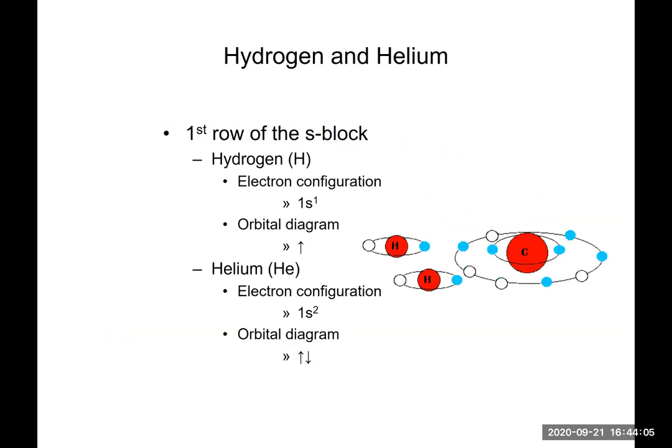So let's look at drawing electron configurations of some very simple elements. Hydrogen has atomic number 1. That means we have 1 electron to take care of, so 1s1 gives us the 1 electron. How do we draw orbital diagrams?